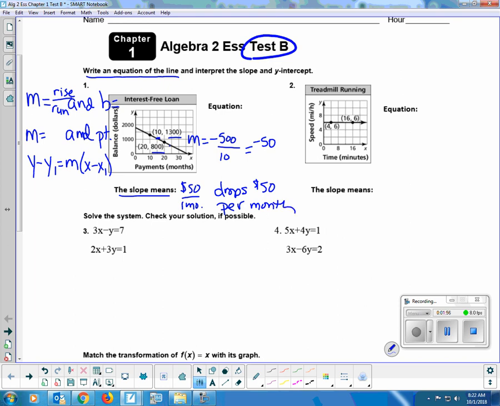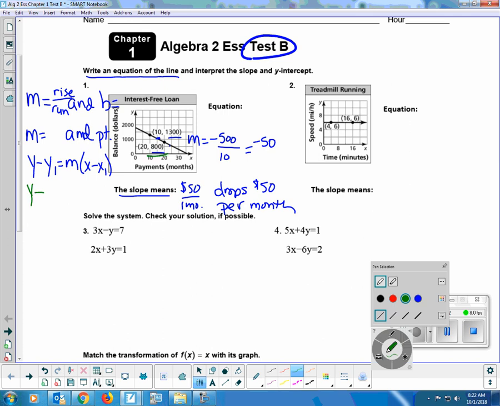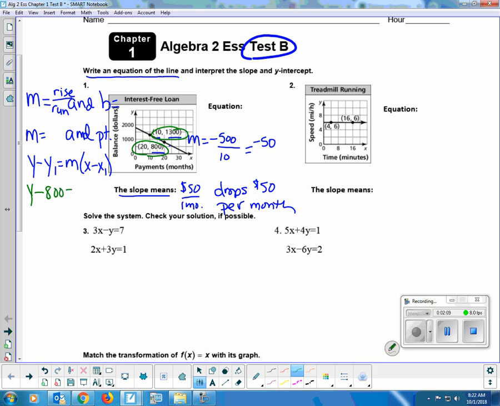Now let's figure out the equation. Y minus, you can use either one of these points. I'm going to use the 20, 800 just because the numbers aren't as big. The slope is a negative 50 times x minus 20. Let's simplify it.